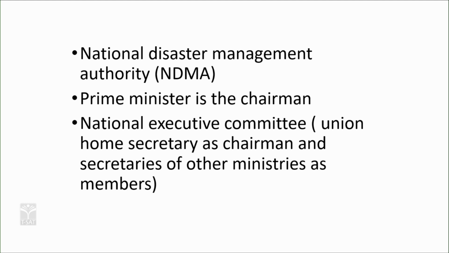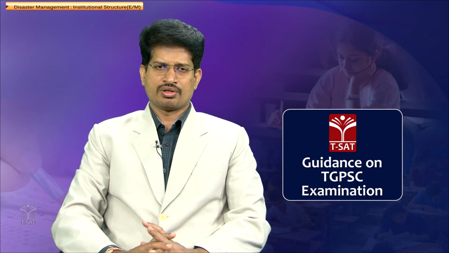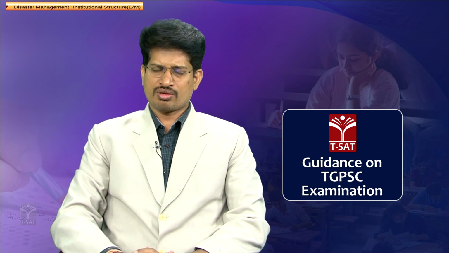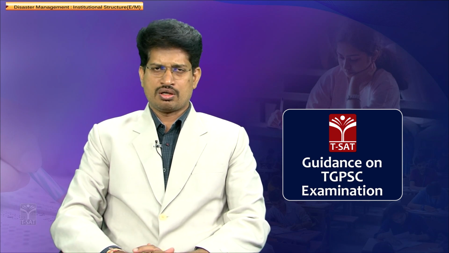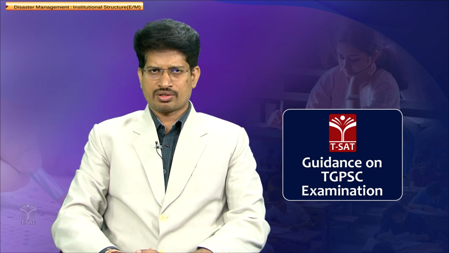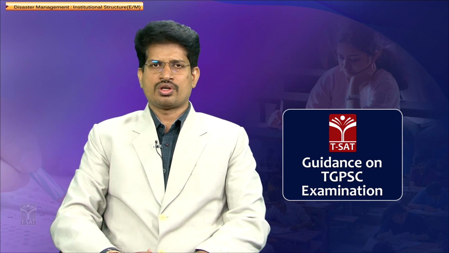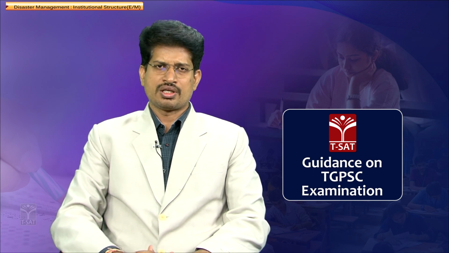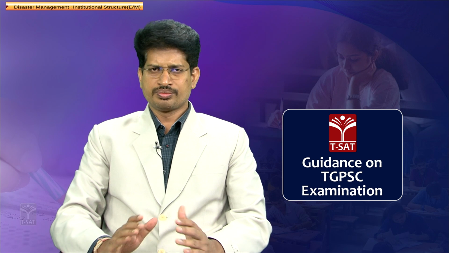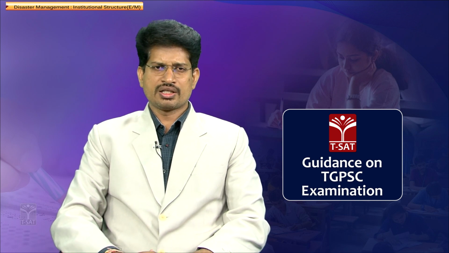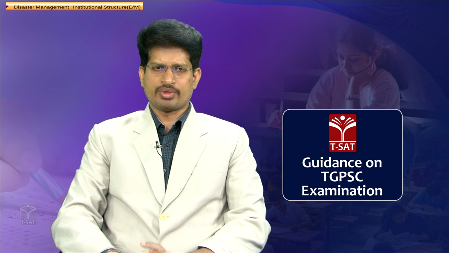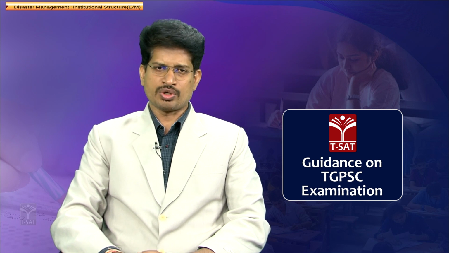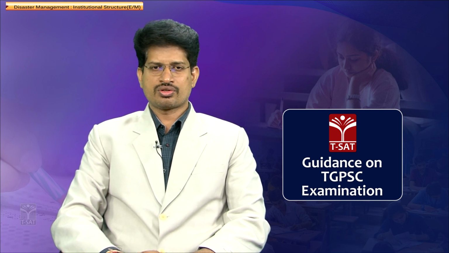Apart from this, the National Executive Committee is a body, because the Prime Minister himself cannot supervise every aspect. It requires institutional levels at different hierarchical levels. One such level is the National Executive Committee, headed by the Union Home Secretary as chairman, with secretaries of other ministries as members.